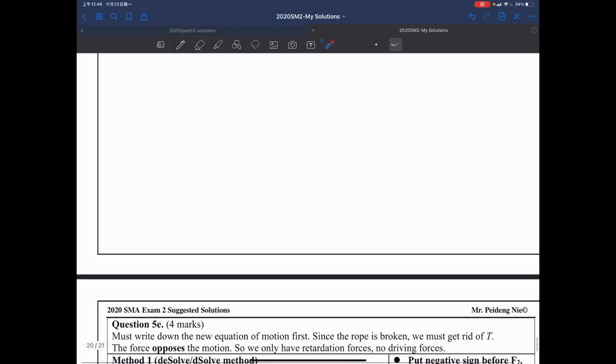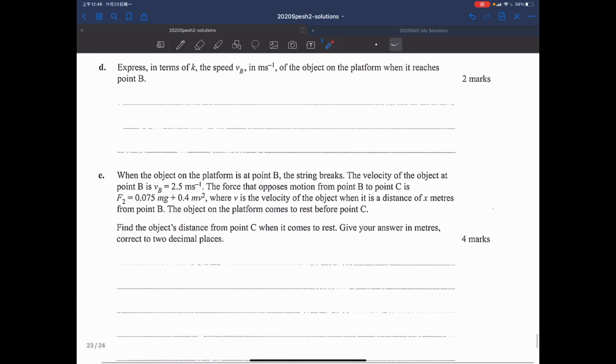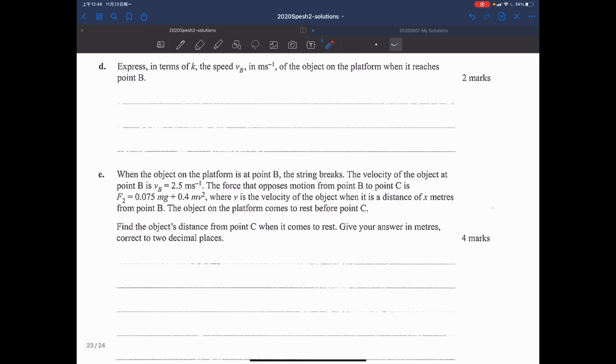Finally, when the object is on the platform at point B, the spring breaks. The velocity of the object at point B is vB equal to 2.5 meters per second. So this is a new stage. Let's say x is 0 and v is 2.5. The force that opposes the motion from point B to point C is that force here, okay?